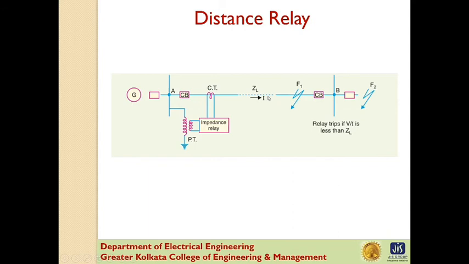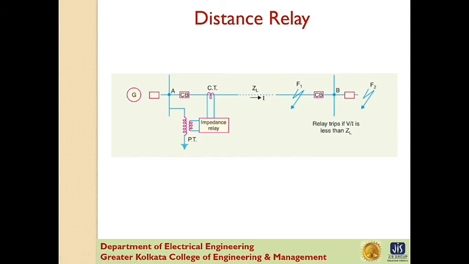Now suppose a fault occurs at point F1 in the protected zone. The impedance Z, that is equal to V by I, between the point where the relay is installed and the point of fault will be less than ZL, and hence the relay operates.